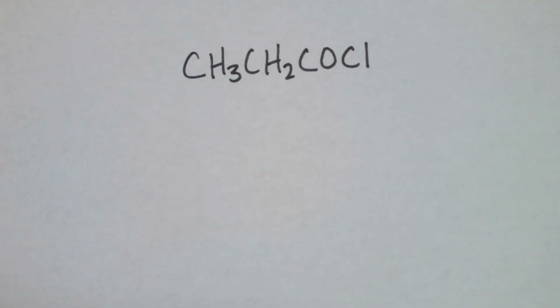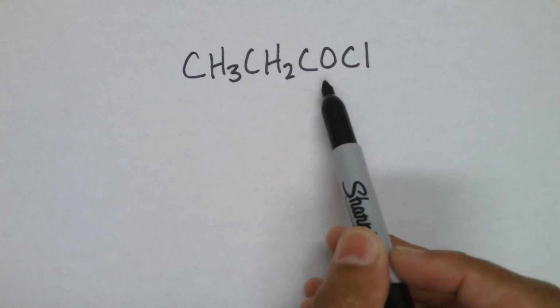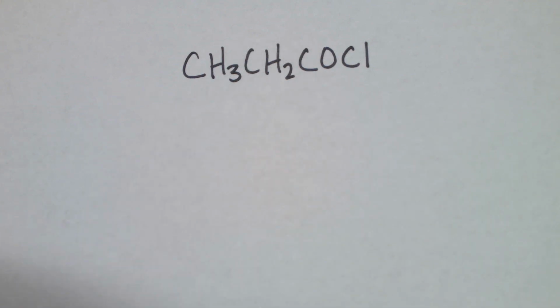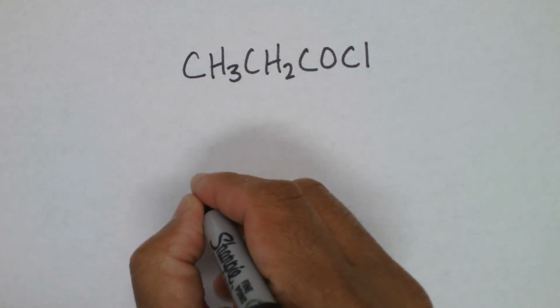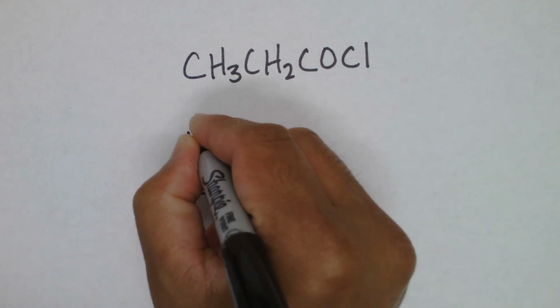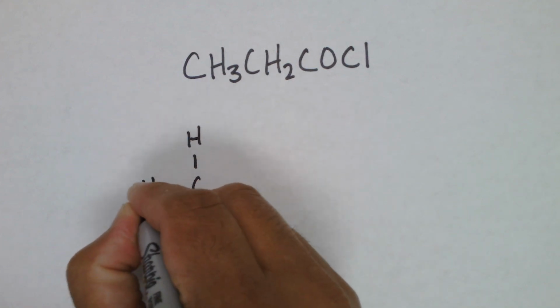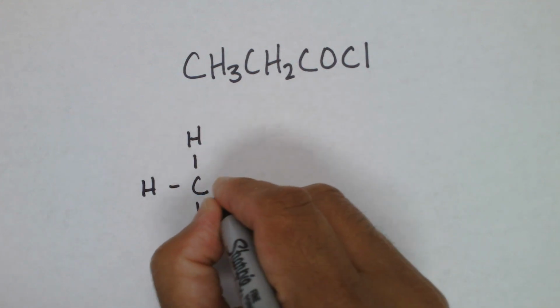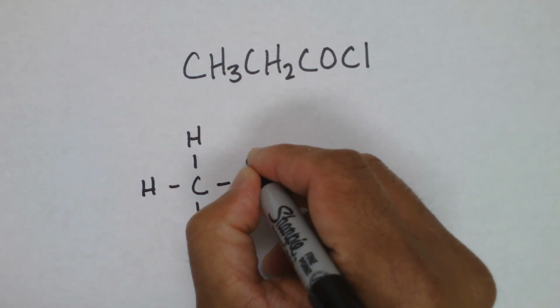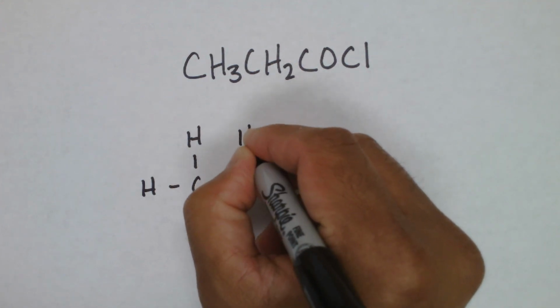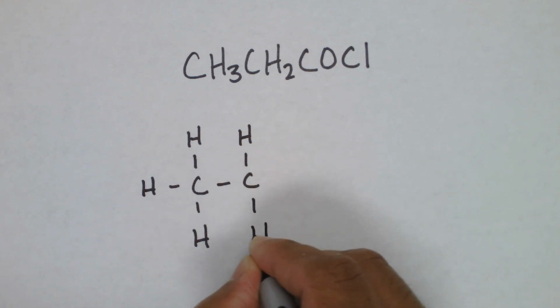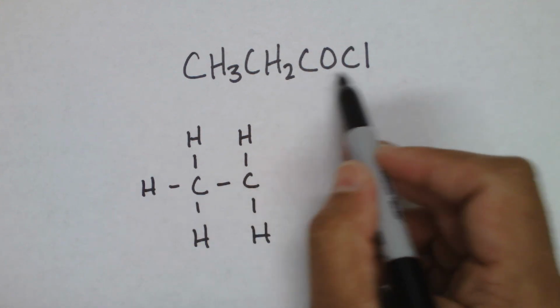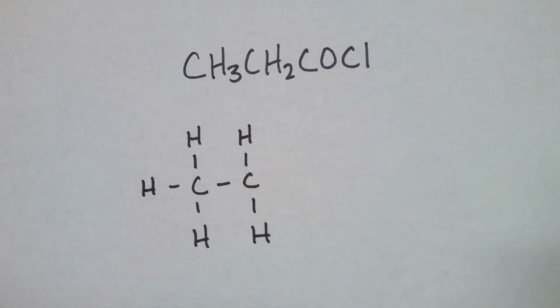Here's another carboxylic acid derivative. Let's draw the Lewis structure for this condensed formula. Here's a CH3 group. This is bonded to the CH2. And something interesting happens here, a little bit different than what we've seen before. We've seen something like this before.